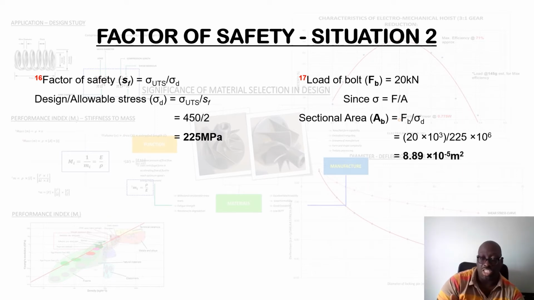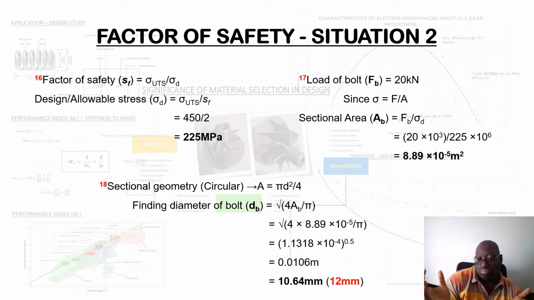Thus, the sectional area is equal to the force divided by the design stress, and just by substituting known values, that gives an area of 8.89 times 10 to the power minus 5 meters squared. Okay, so the area here seems to be larger than that of the previous one, I think it might be smaller, I don't know. We'll come back to that later when we look at the diametric size of the bolt.